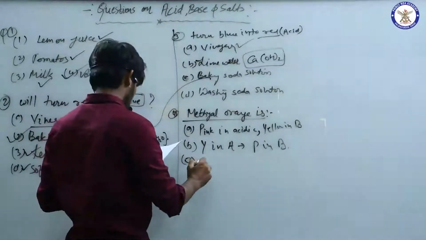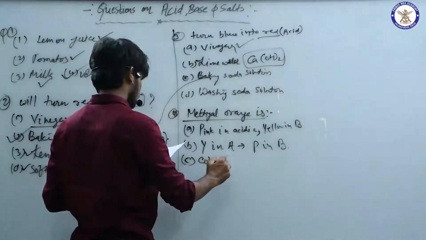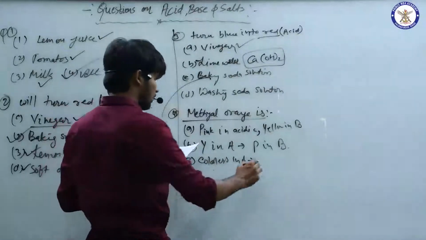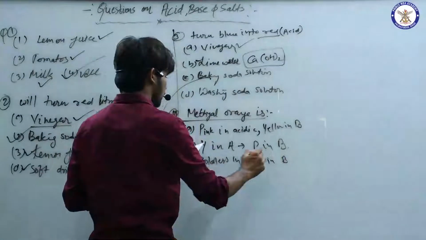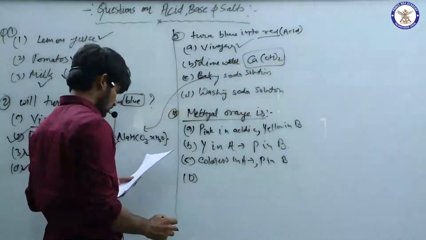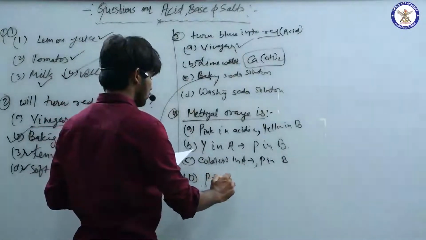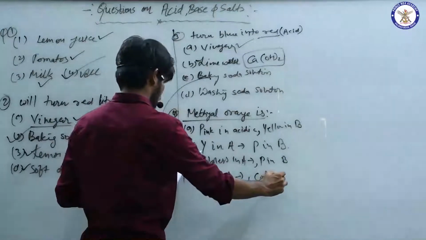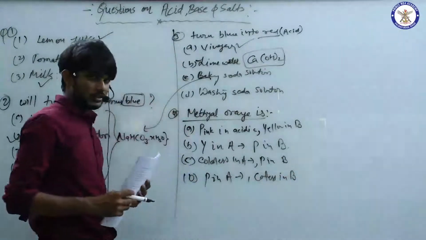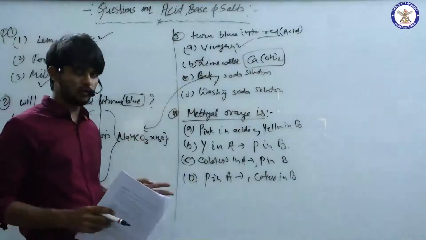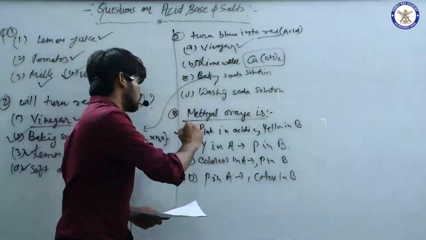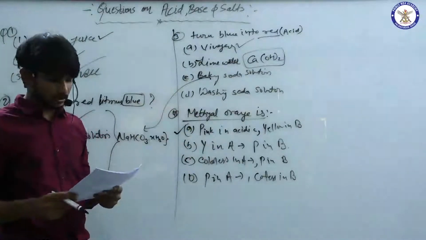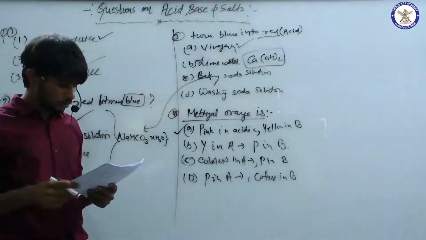C option, colorless in acid, pink in base. D, pink in acid and colorless in basic. So if you go through the notes, you would find that this is the right answer: pink in acidic and yellow in base. So I have already told you, so no need to worry.